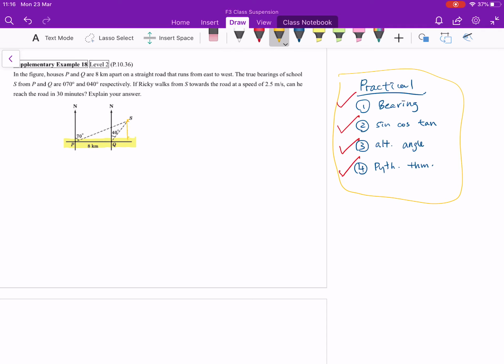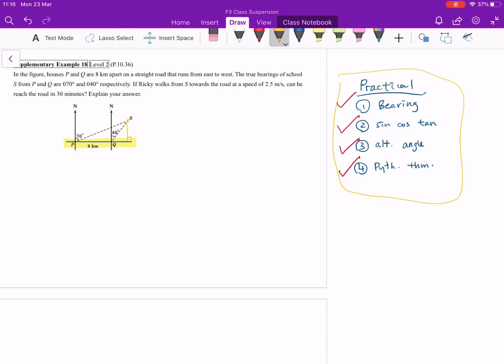So it should be the perpendicular distance, because Ricky wants to reach the road as fast as he can. Therefore, he must choose the shortest distance. Shortest distance means we need the perpendicular distance.